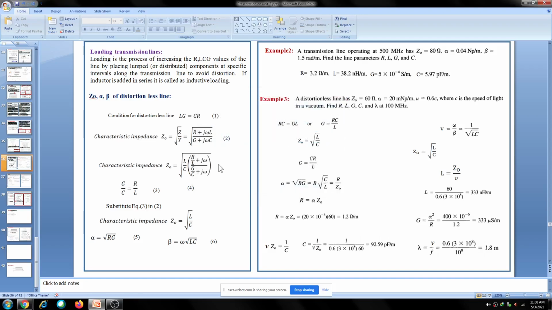You can do those problems, but you should know how to do this complex mathematics. As I said in the previous class also, all of you must practice complex number multiplication, division, addition, subtraction. Practice that and you can easily obtain these line parameters.